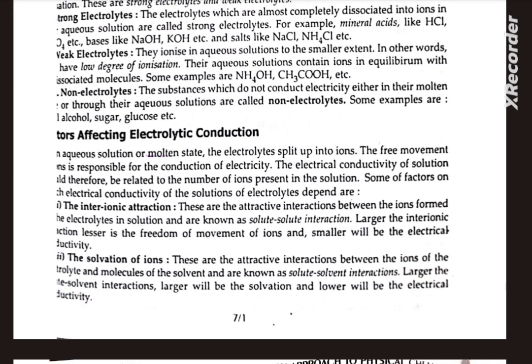The larger the interaction, the lesser is the freedom of movement of ions and the smaller will be the electrical conductivity. Second, the solvation of ions. These are the attractive interactions between the ions of the electrolyte and molecules of the solvent and are known as solute-solvent interaction. The larger the solute-solvent interaction, the larger will be the solvation and the lower will be the electrical conductivity.